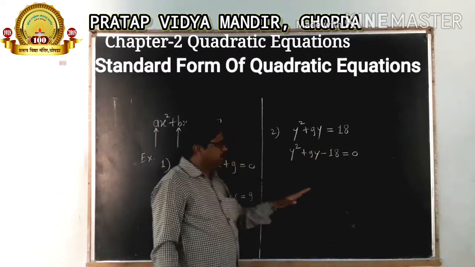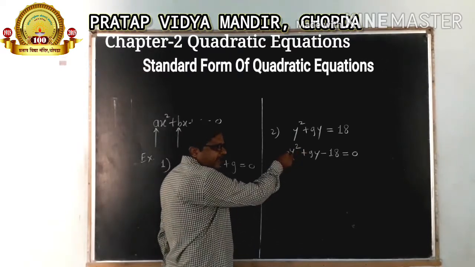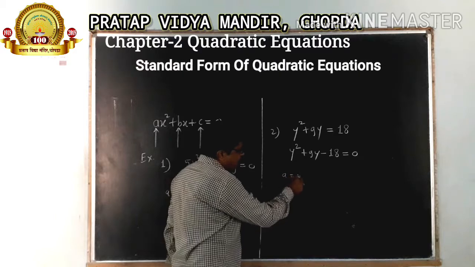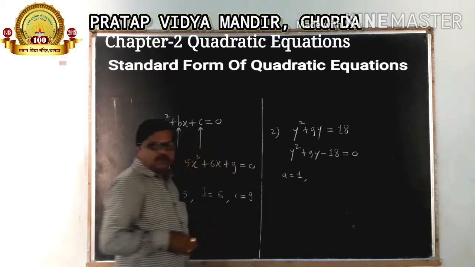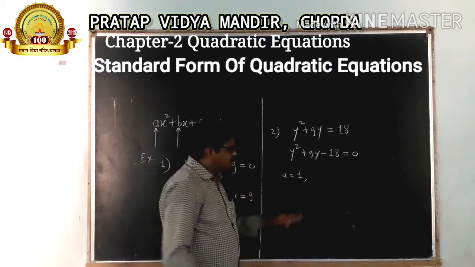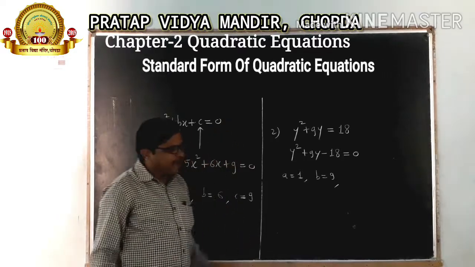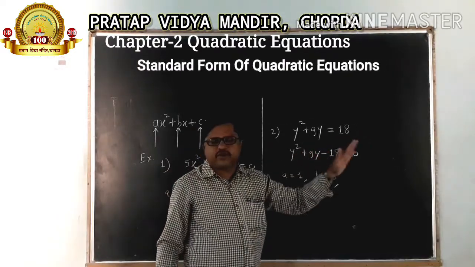By comparing, we can say the coefficient of y square is the value of a, and so here a is equal to 1. The coefficient of y is the value of b, so we can say b equal to 9. And the remaining term, the constant term, is the value of c.